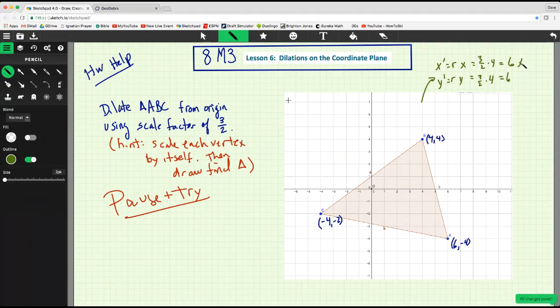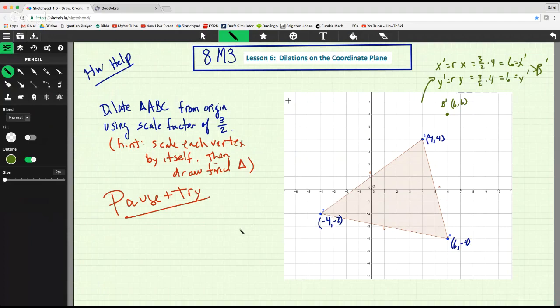So this is our x prime and our y prime, which constitutes B prime. So 6, 6 is right here. That's our B prime, 6, 6. And it doesn't matter if this is a triangle or a quadrilateral. You're going to do it the same way. You're just going to scale each point by itself.